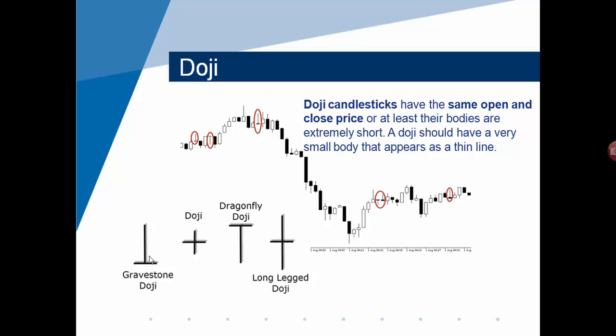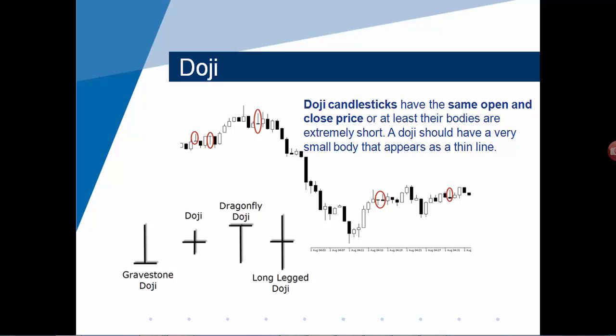What is significant is the characteristic of the candlestick itself. So when we're seeing a candlestick pattern such as this, it's indecision. And on this diagram, we can see a few indecision candles also.